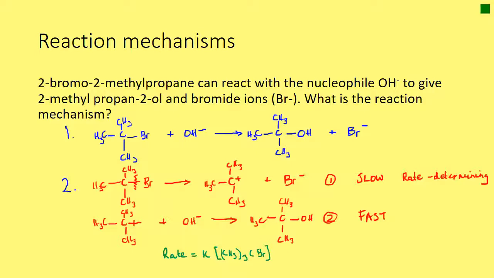and so they would necessarily, by definition, appear in the rate equation. So let's hold off looking at the rate equation for now and consider the other alternative reaction mechanism.